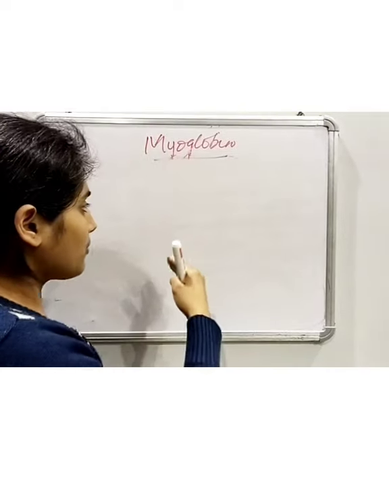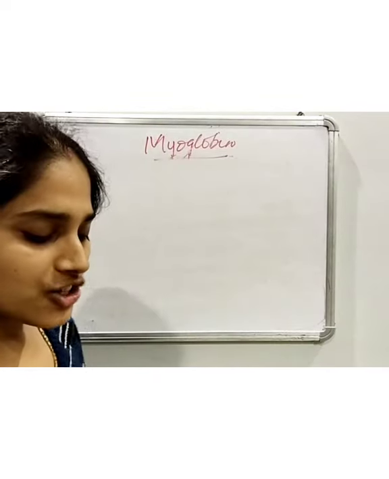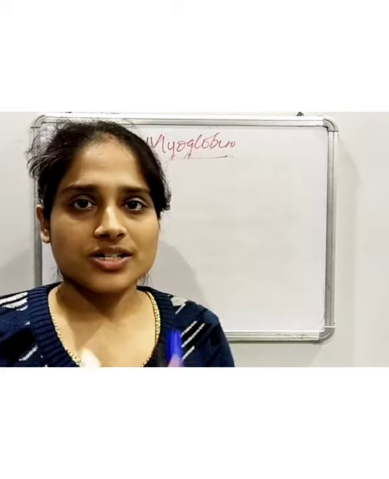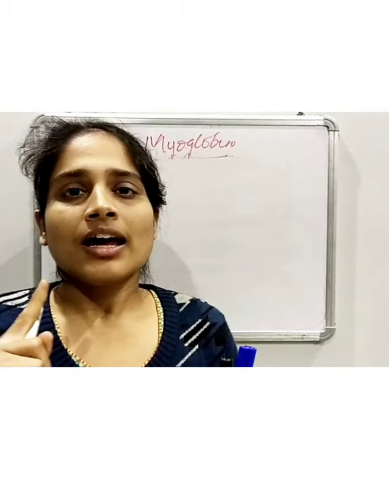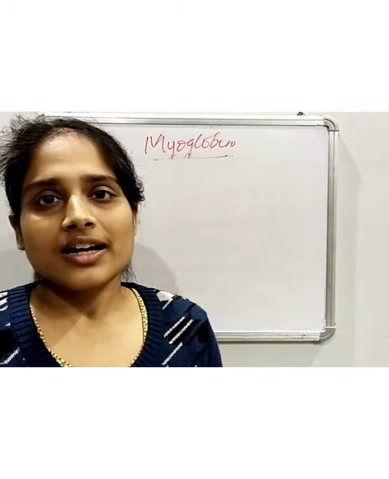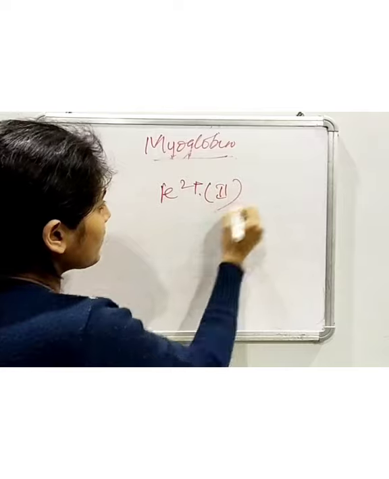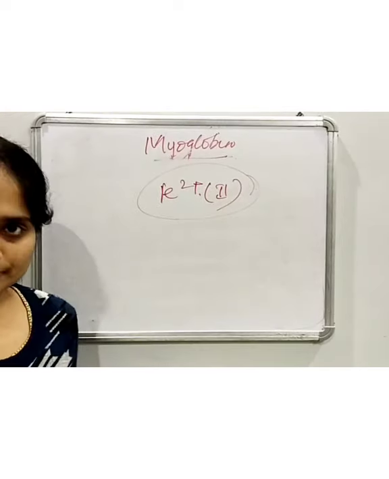So when this oxygen molecule binds to the heme, remember what the oxidation state of the iron in heme is. When it has affinity for oxygen, the iron has to be in the Fe2+ state only, then only it will bind to oxygen.